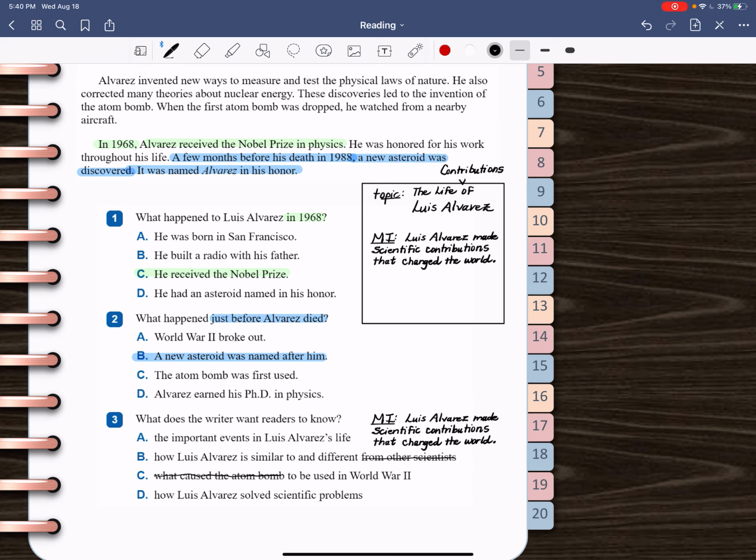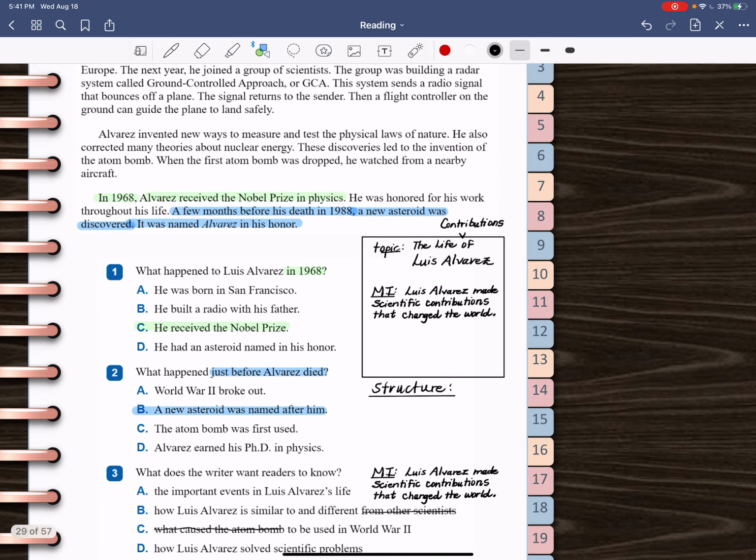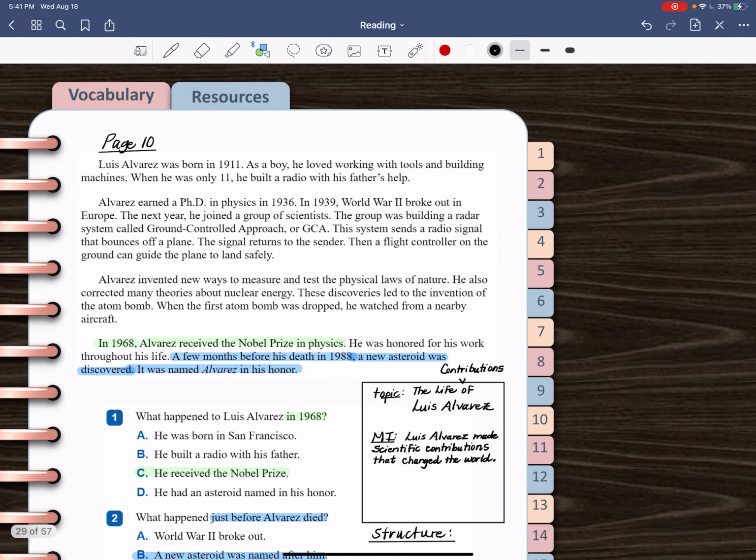But look at the structure. That's what I did not put up here, and I should have. How is this passage structured? What are the clues? What are the key words here? They're dates, guys. If you recognize that these are dates, we have 1911, we have 1936, 39, 68, 88.